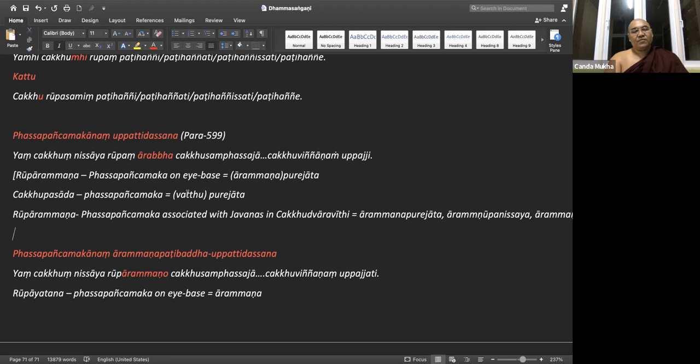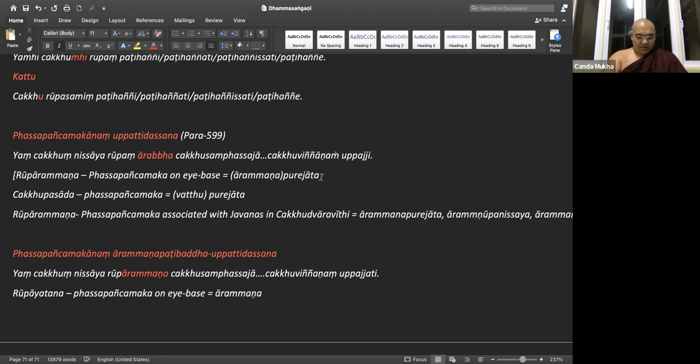And another paragraph: Rupa Yadanang Jaku Vinyana Datuya, Tan Samyudakananja Dhammana Purijata Bhajena Bhajeyo. In that case, the Rupa dhammas support the Phassa Panjamaka dhammas on the eye base, or those associated with the eye consciousness. So it became Aramana Purijata.